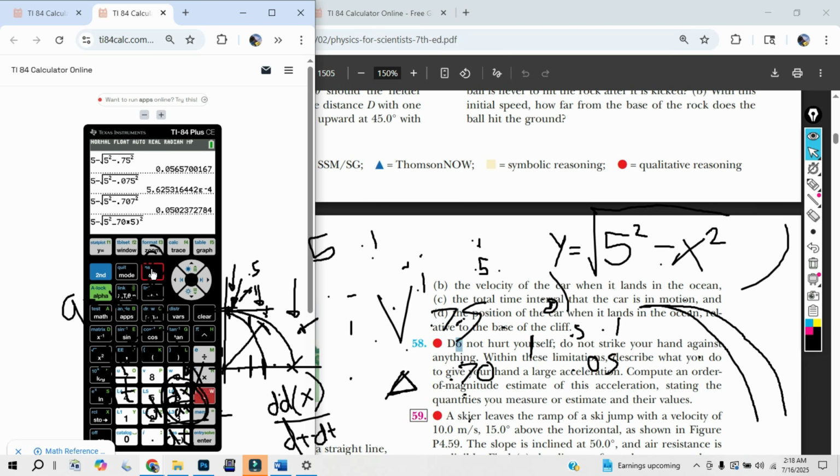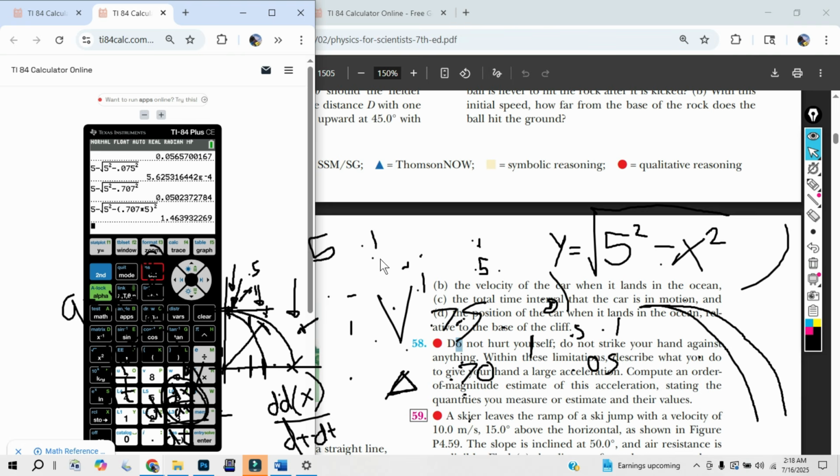Oops. I got to hit second. 0.707. All right, so now do we have it? 0.707 times 5. So that's our x position. All right, I'm looking good on that.